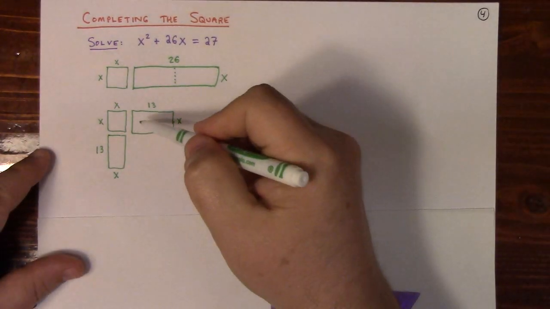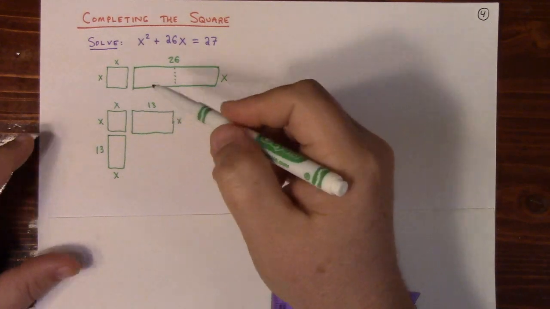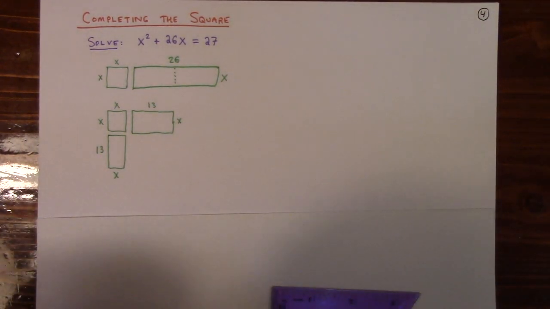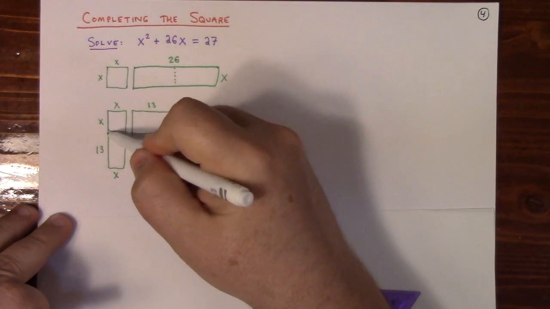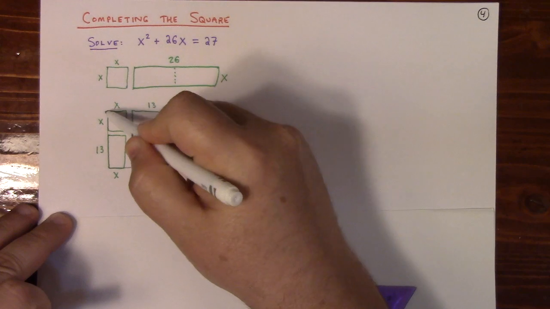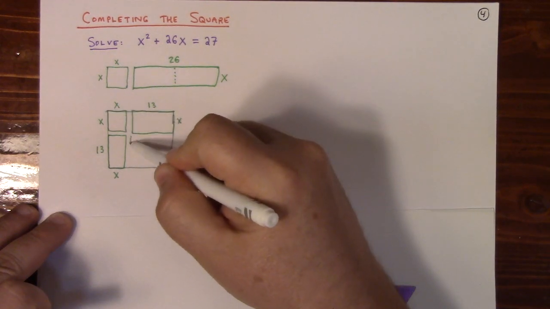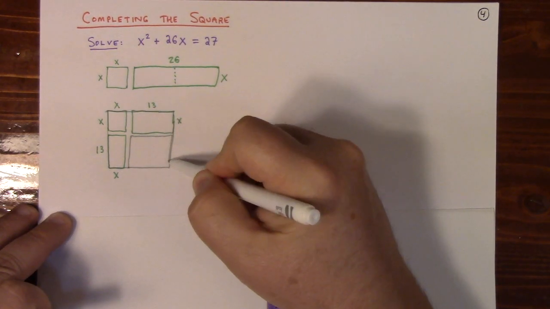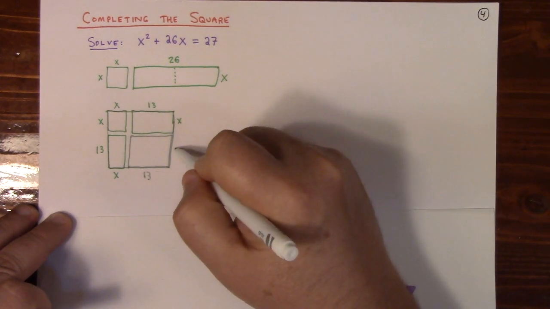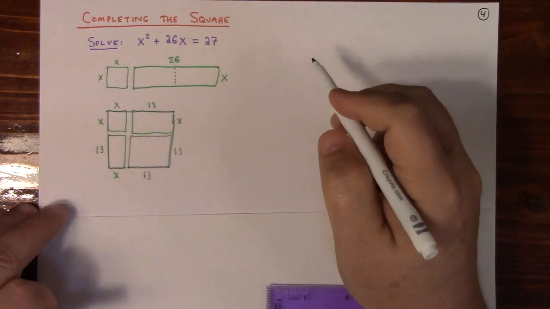And then you can see, well, to complete the square, what do we do? We have to add in this piece, this chunk right in here, right? Which would be what? 13 by 13, right?